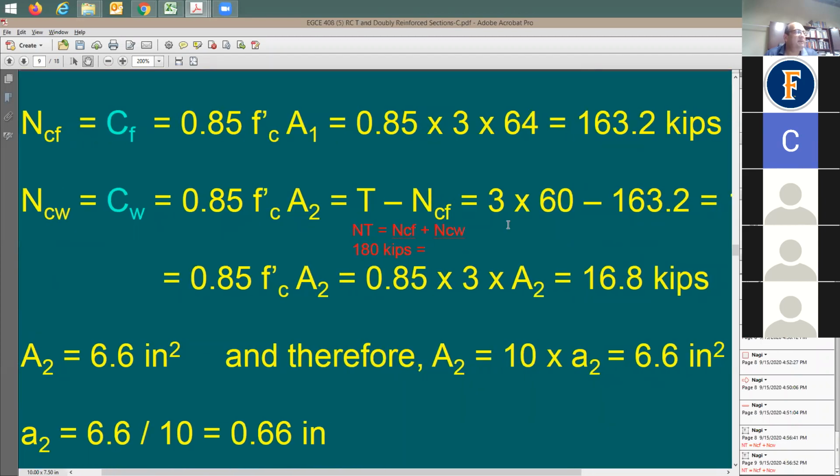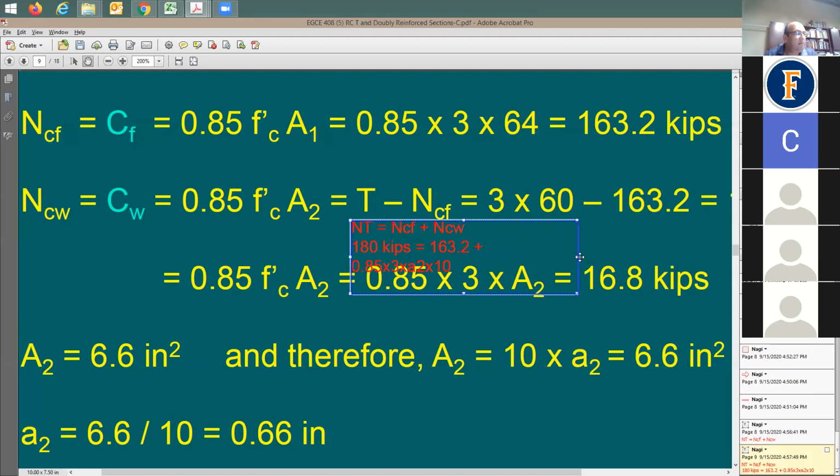Yes, it's going to be 163.2, plus the compression force in the web. How much is the compression force in the web? It's going to be equal to 0.85 times 3, what's 3? F prime C, times A sub 2 times 10. Do you guys agree with this equation or no? Yes.